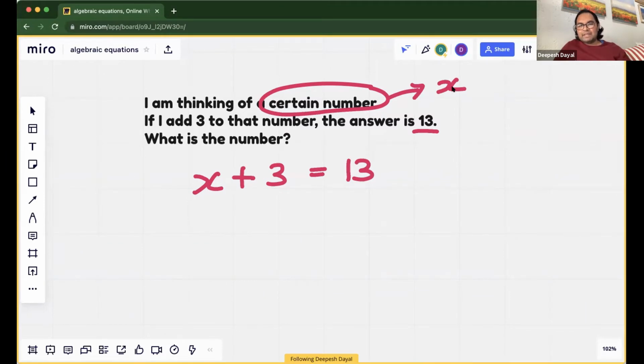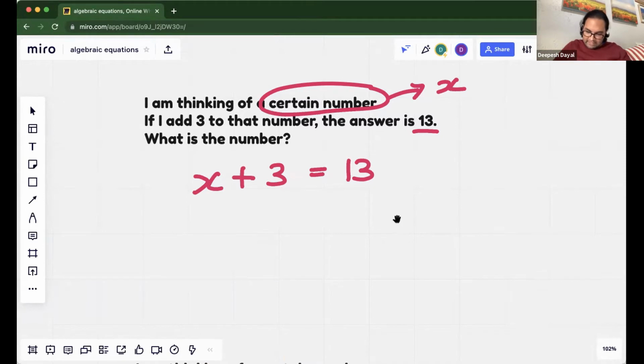How many of you are happy with the way I wrote this out as an equation? Let's have a look in the chat. Yeah, you all happy. Great. Well done. Okay. So X plus 3 equals 13, and that's the equation that we form.